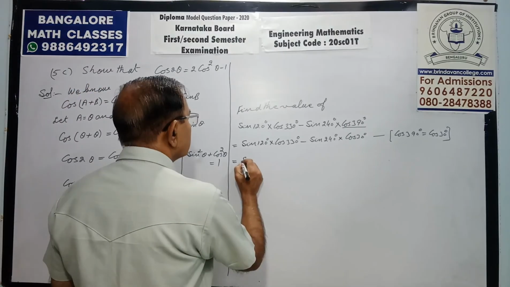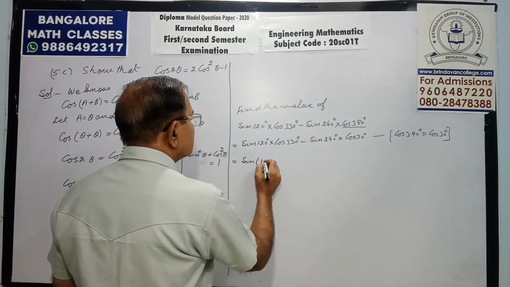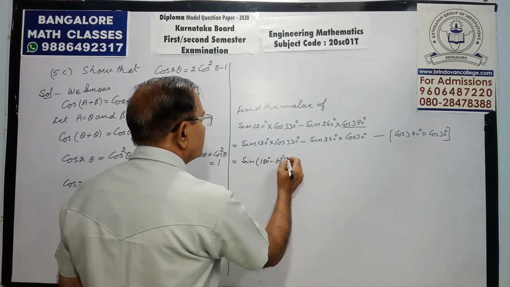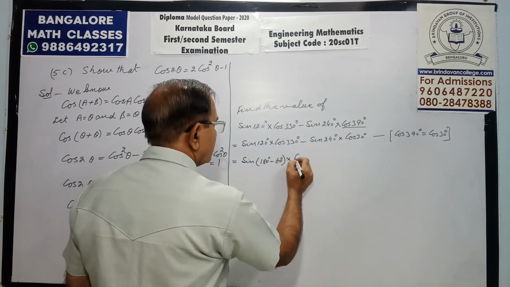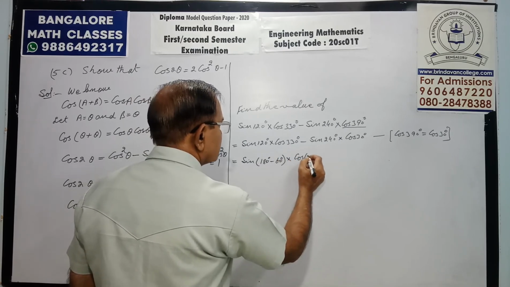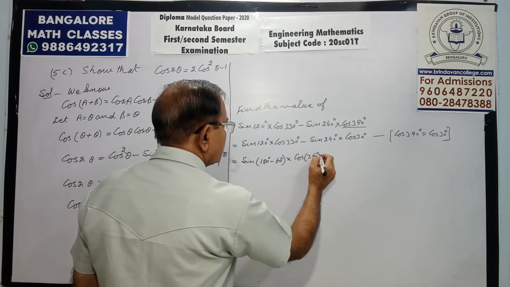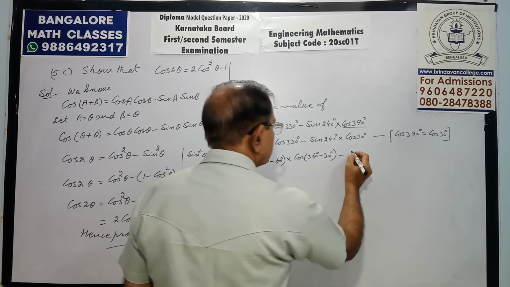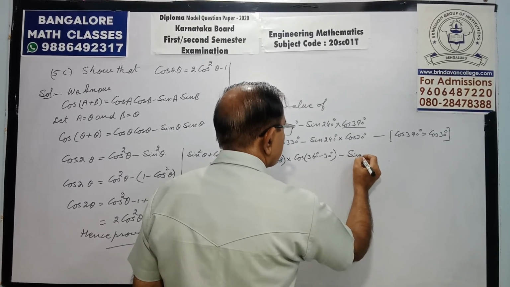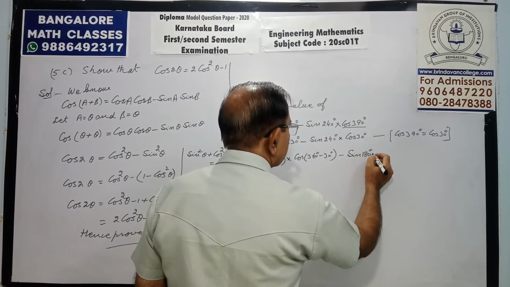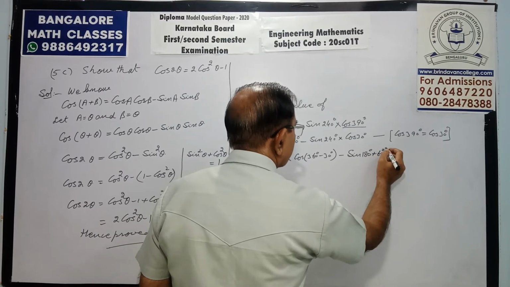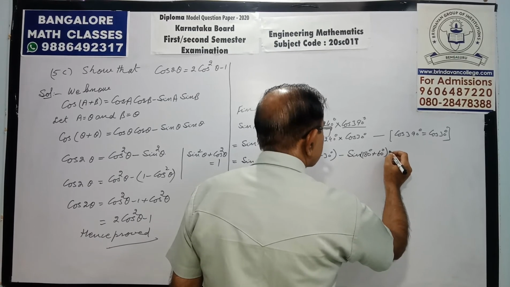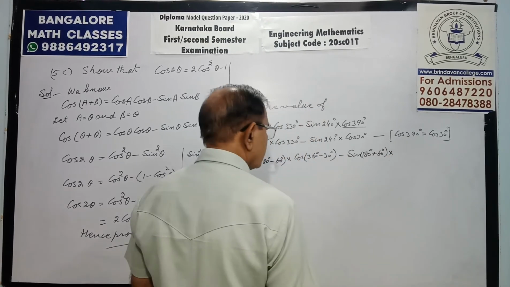Sin, put it as 180 minus 60, into cos 360 minus 30, minus sin 180 plus 60, cos 30, that value we know directly.